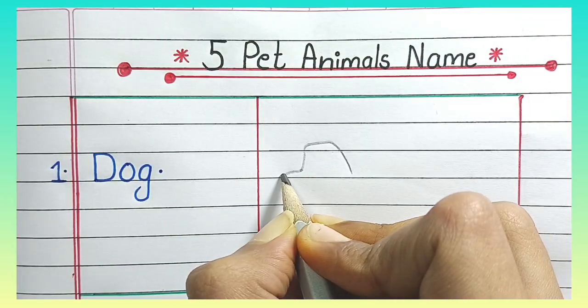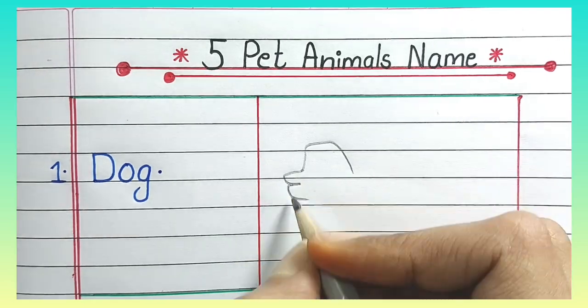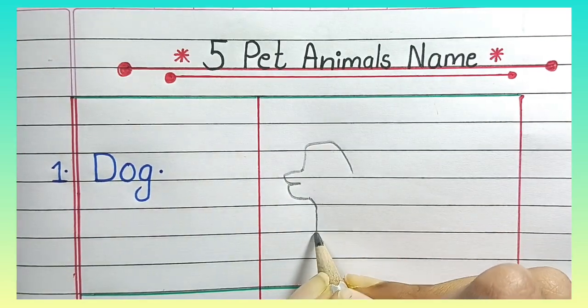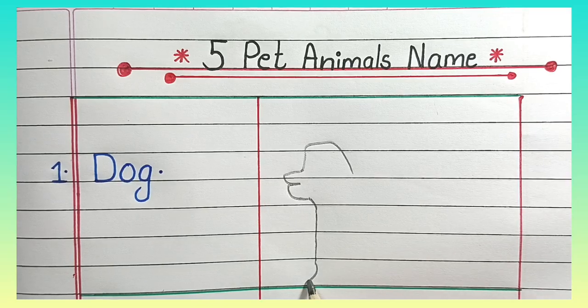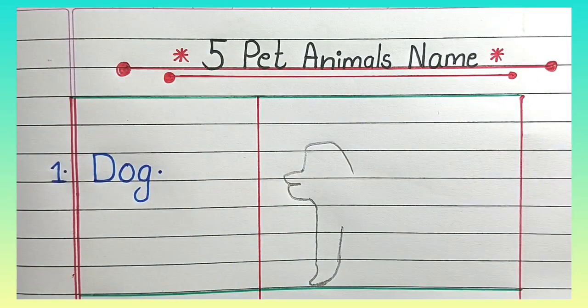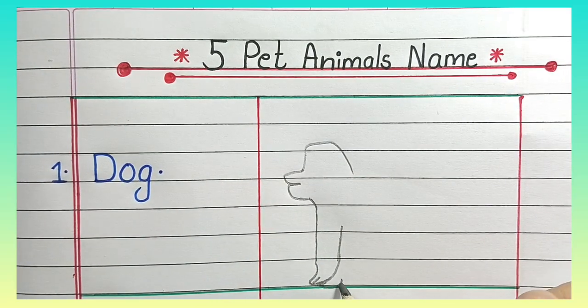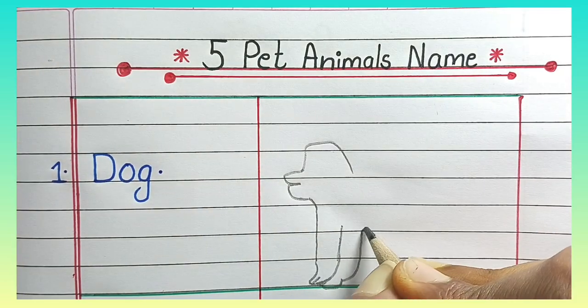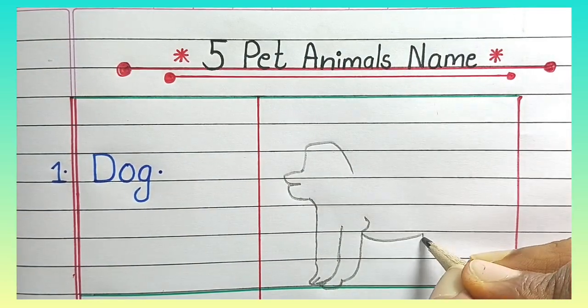Now I'm going to start writing. First line, dog. Here I am making a drawing of a dog. I am making the legs of the dog.